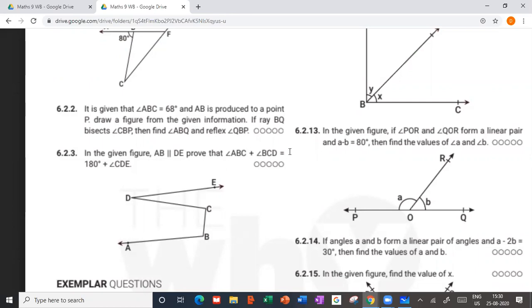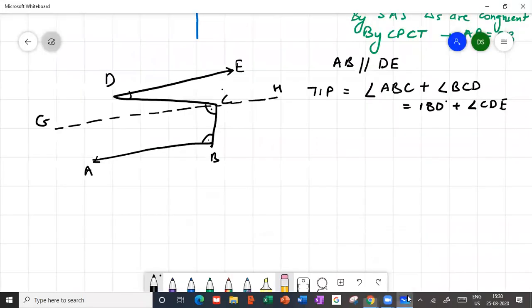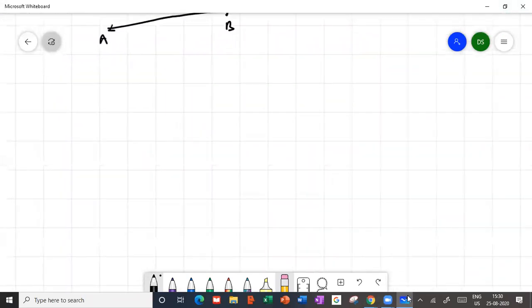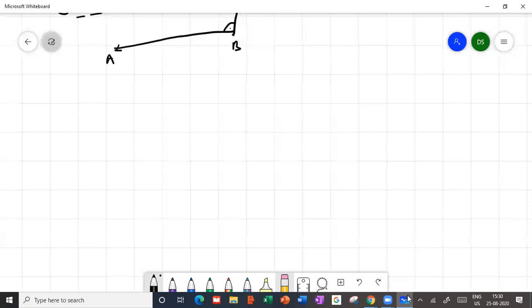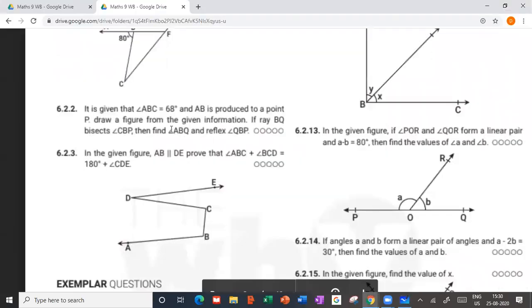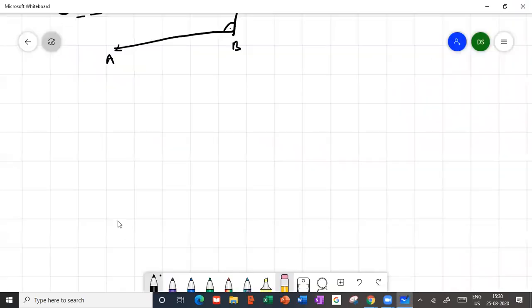Okay, so it's given that angle ABC is 68 degrees, and AB is produced to a point P. Draw a figure from the given information. So your question is ABC is 68. So let's just draw a line.